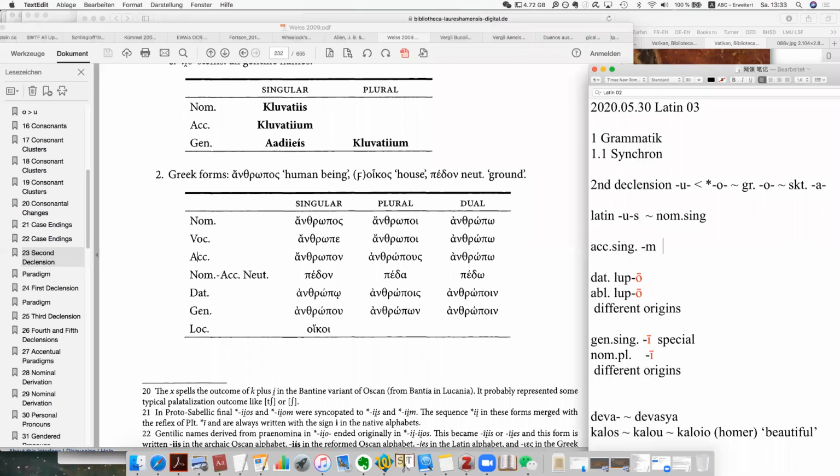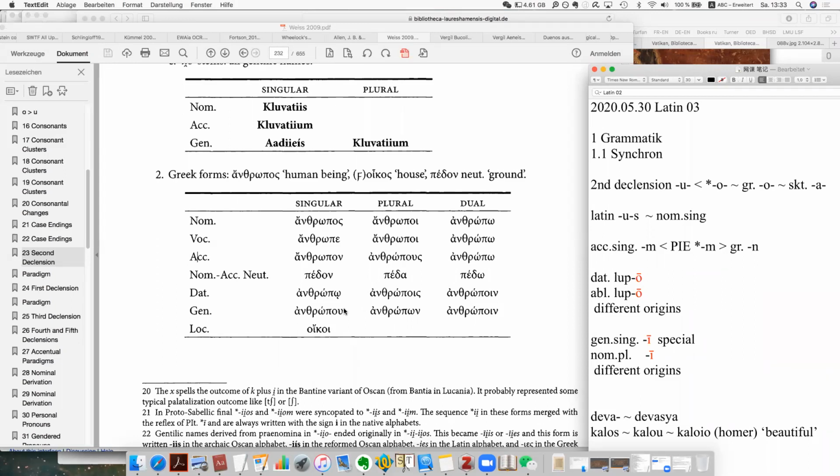This is what I have mentioned. This M comes from the PIE M, and this PIE M turns to an N in Greek. So this is a sound change.